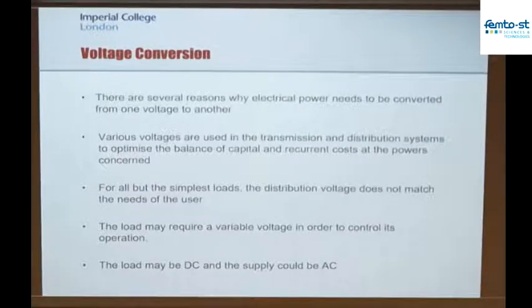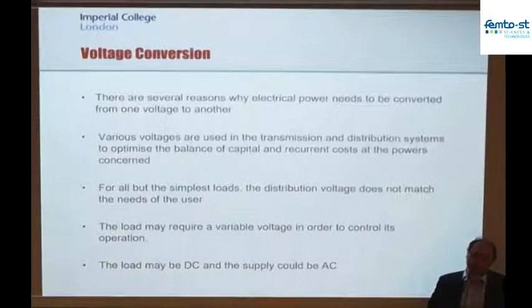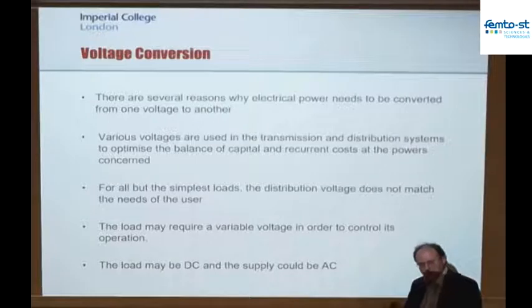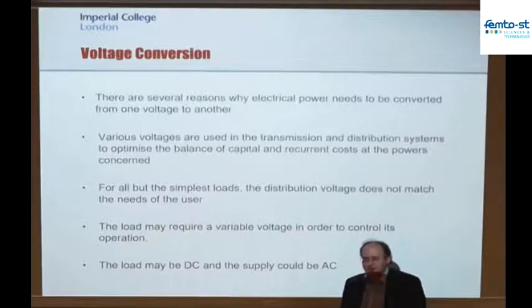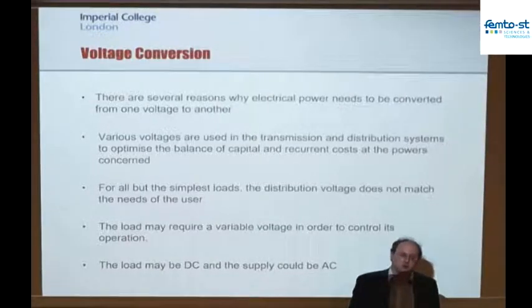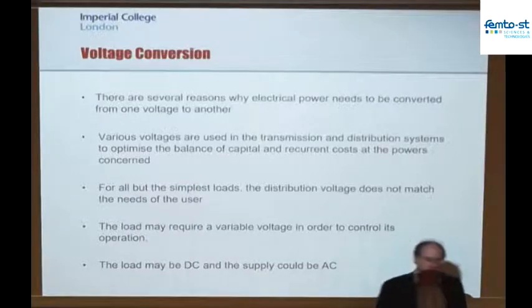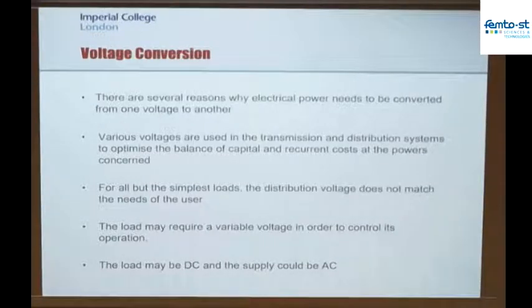Of course, in actual fact, one of the things that we're interested in doing now that we're powering electronics from the mains a lot of the time is converting from AC to DC, and then we might want to convert a DC voltage at one level to a DC voltage at another level. We don't only want to do conversion from one AC voltage to another AC voltage through a transformer, we're also interested in converting DC levels, because we might have batteries at one voltage that we want to power a circuit at another DC voltage.